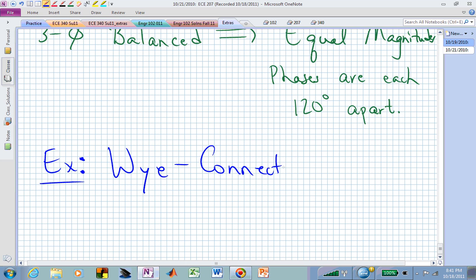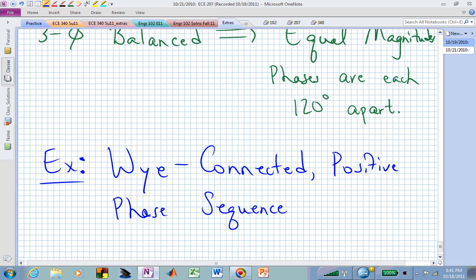Let's consider now a Y-connected positive phase sequence set of sources, or this positive phase sequence might be referred to as the ABC sequence.